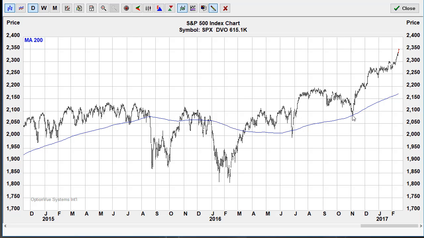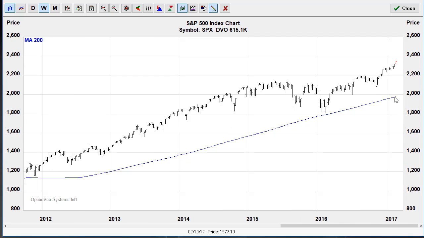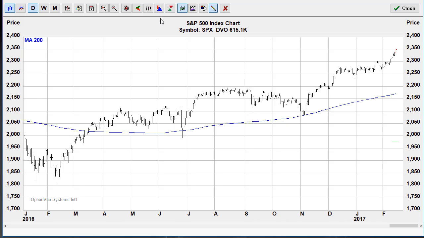But if we switch to the week, now that becomes a 200-week moving average, and that is clearly much different than the day, because remember, our day was 2169, and now this right here is 1981. Then, of course, 200 month, probably not even 200 candles here, so it's a bad example, but I think you can get the point.